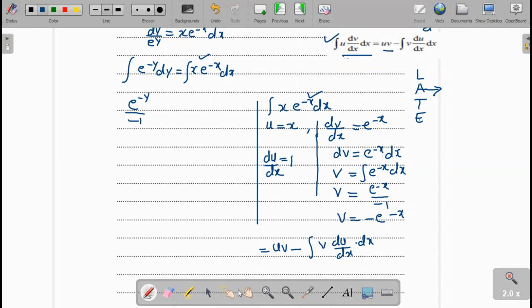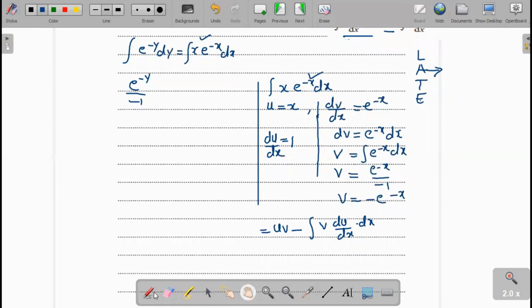Here u is equal to x, v is minus e power minus x, minus the integral, where v is minus e power minus x, du over dx is 1, and we write dx as it is.